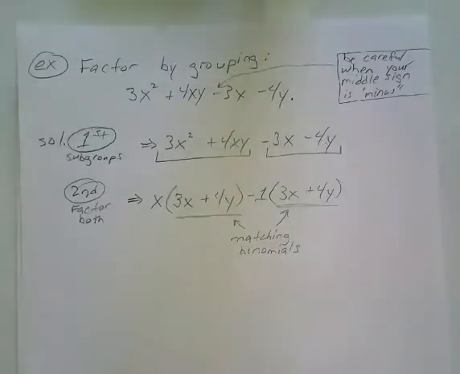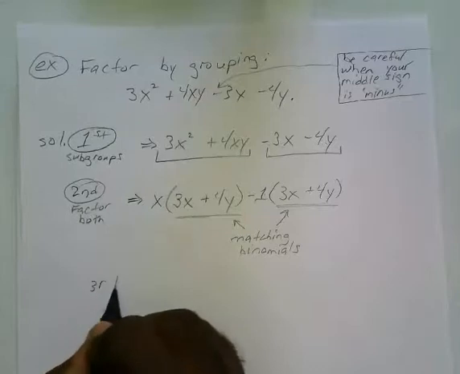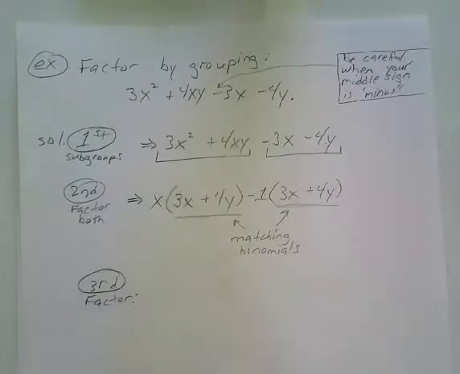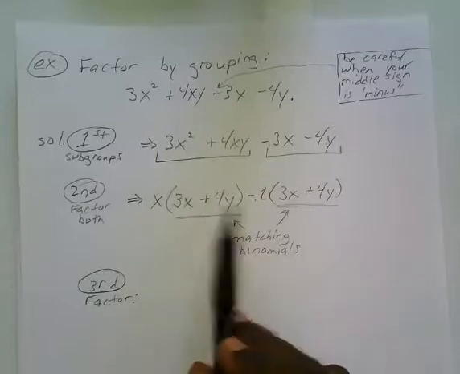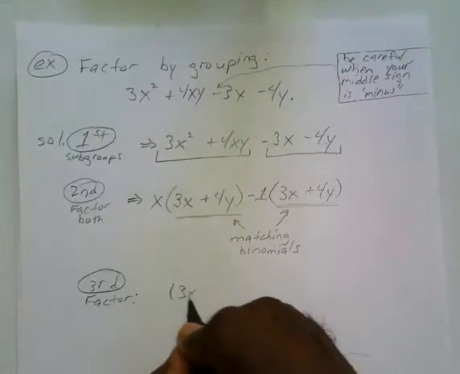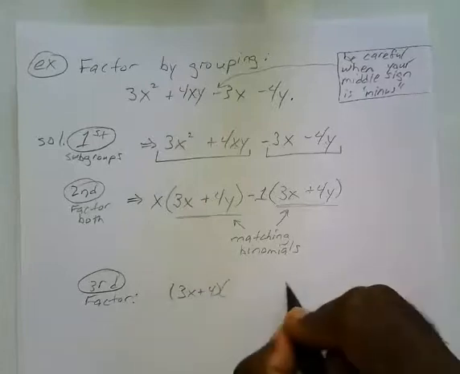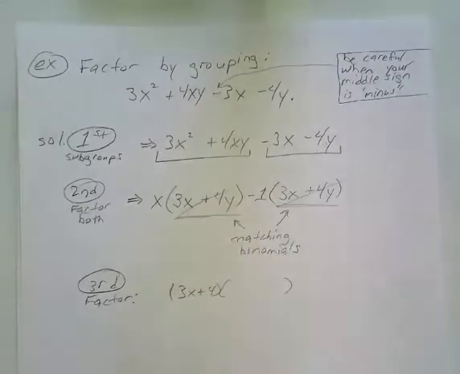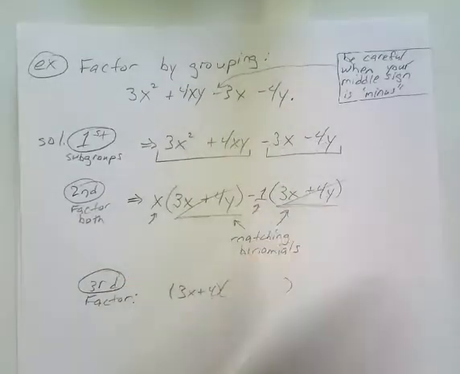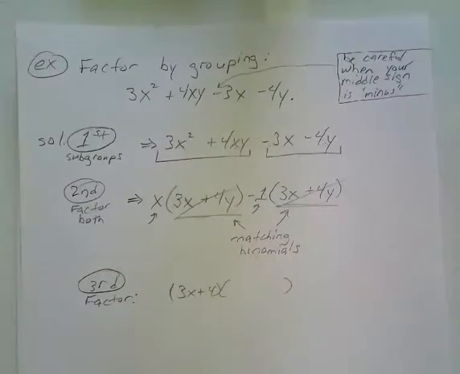Okay, so we have our matching binomials. Now we go to our third step, which is just a factor. And that's the easy part. Because we have our matching binomials, we can just bring that right out to the front. So 3x plus 4y, and you can go ahead and cross that out. And whatever's left goes into our next parentheses.